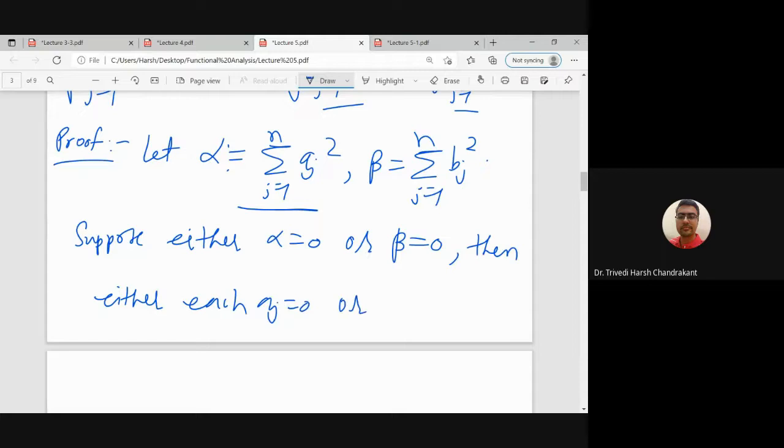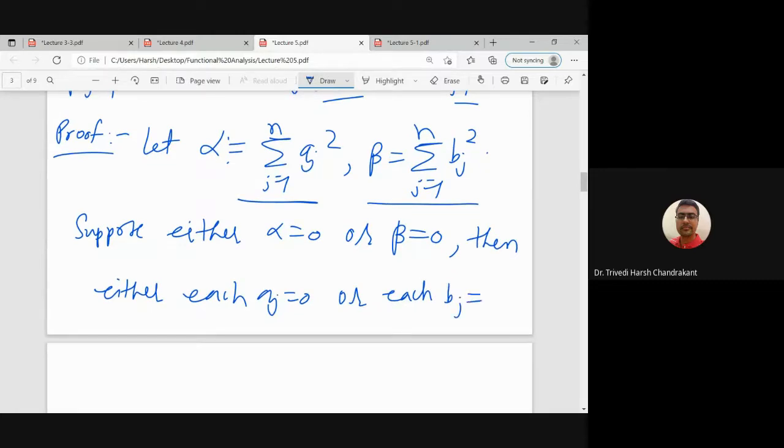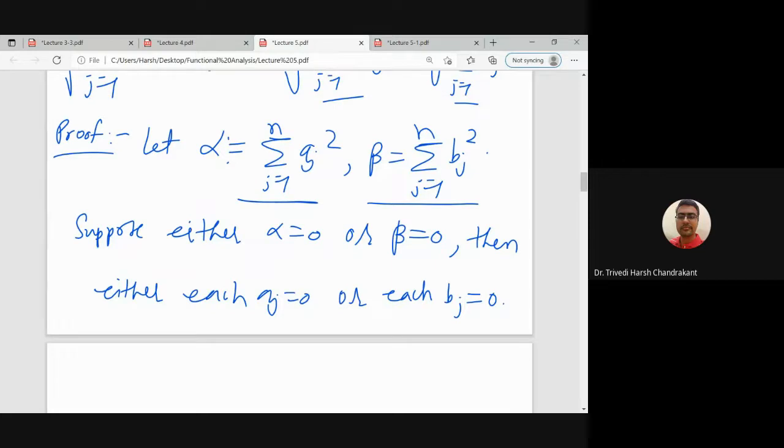Or if beta is 0, we get each bj is 0. So depending on whether alpha is 0 or beta is 0, each aj is 0 or each bj is 0.